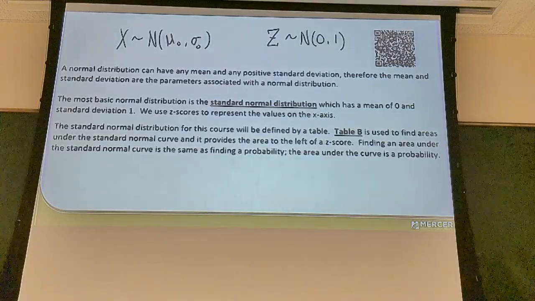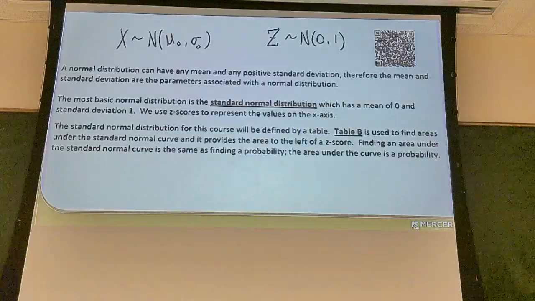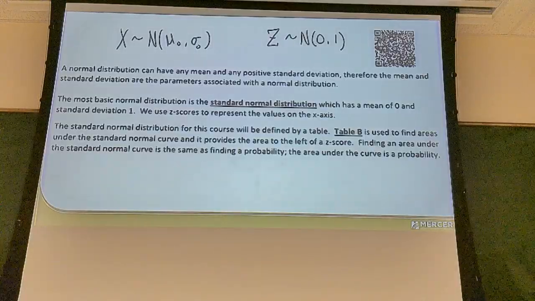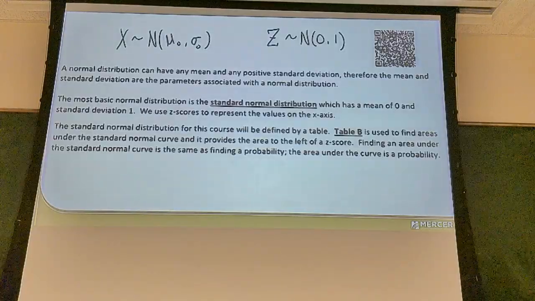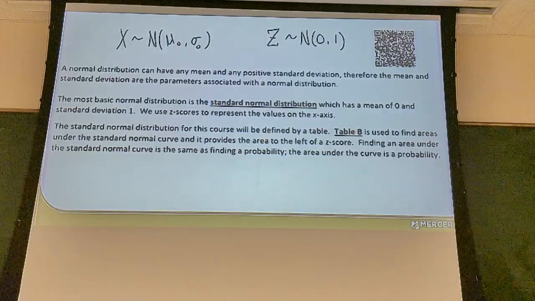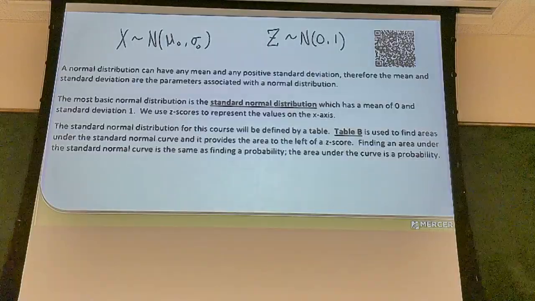Either read it from a table, table B, located on Blackboard, and I will be referencing it today, or technology, either calculator or Excel. We will do all three today. Normal is the same as the binomial. There is a function on statistical calculators for the normal distribution.